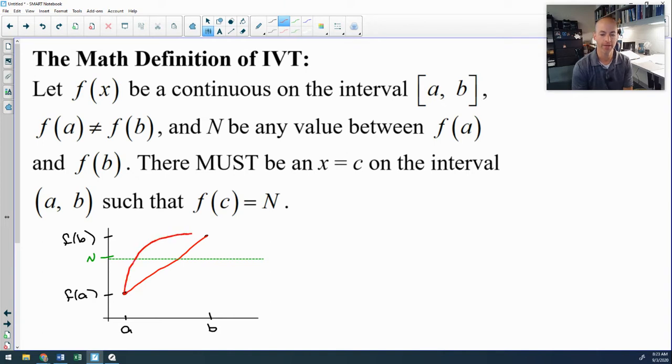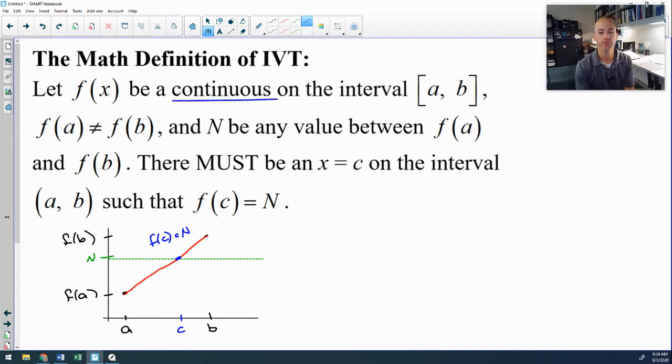You could cross more than once. You're not guaranteed only one. You could cross multiple times, but you will absolutely cross that value of n somewhere. And as I have it drawn right here, my c would be that point. And it does so happen that I found an f(c) that equals n. So that is your math definition of the intermediate value theorem.